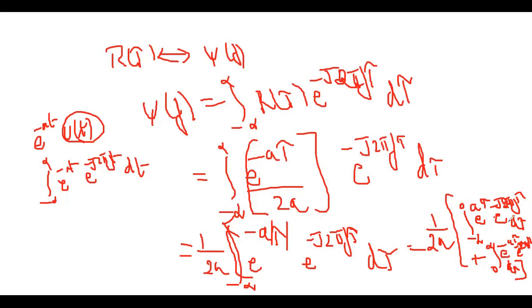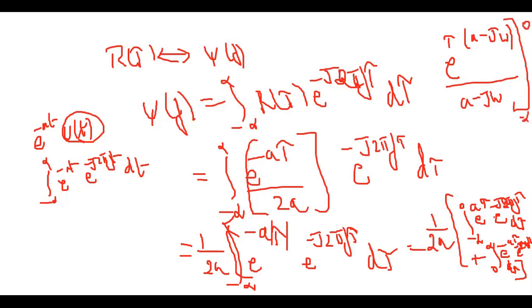Got it, my dear students? So now I take these two functions. For e power a tau, take tau as common, a minus j omega, where omega is 2 pi f. Applying the integral, you get 1 by a minus j omega with upper limit 0 and lower limit minus infinity.